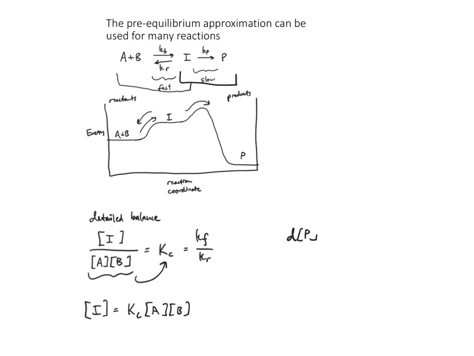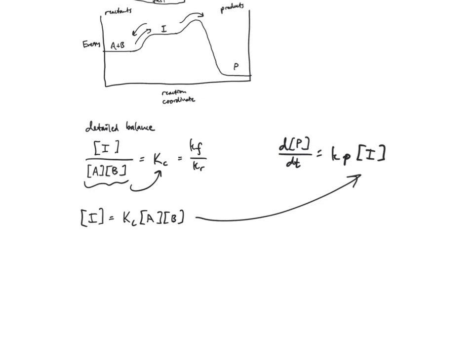So the rate of product formation with respect to time is going to be equal to Kp times I. But we know what I is right there, so we'll just plug that in and we'll get a rate of the reaction equals Kp times Kc, concentration of A, concentration of B.